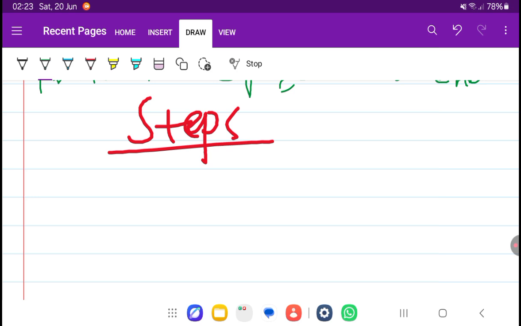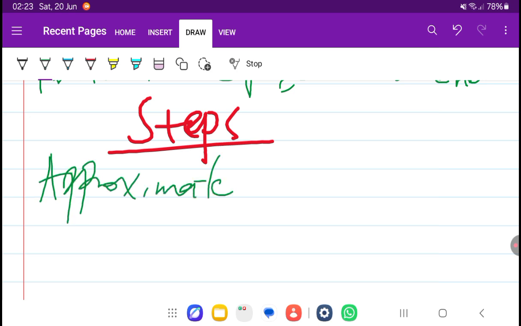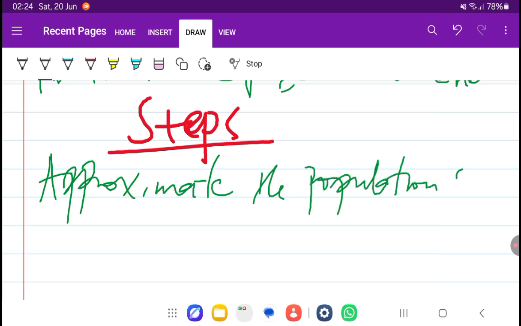The first step, if possible, we approximate the population size. This capital N is always a symbol for population. If you are using a sample, it is represented by a small n. That is for a sample. But a population is always a capital N.